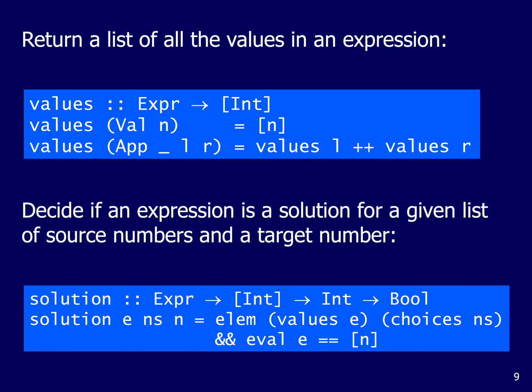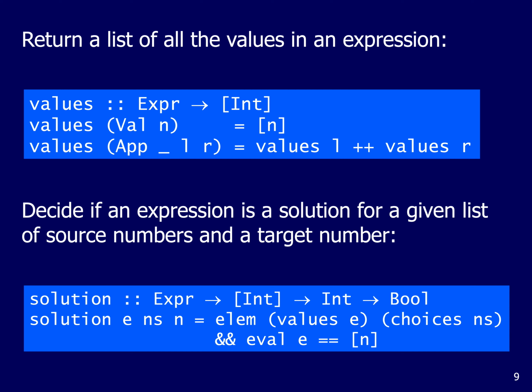So the second helper function we're going to use to help us to formalize what it means to solve the countdown problem is a simple function that's going to return a list of all the values which appear in an expression. So for example, if I had an expression like 1 plus 2, then it would just pull out the numbers 1 and 2, because these are the fundamental values in the expression.